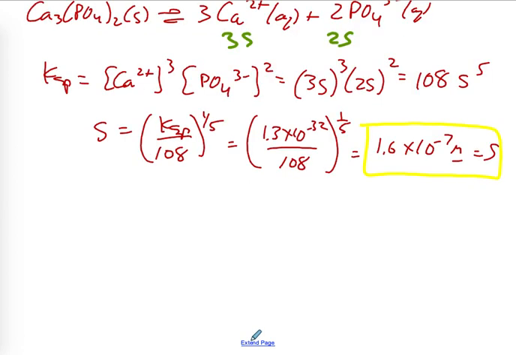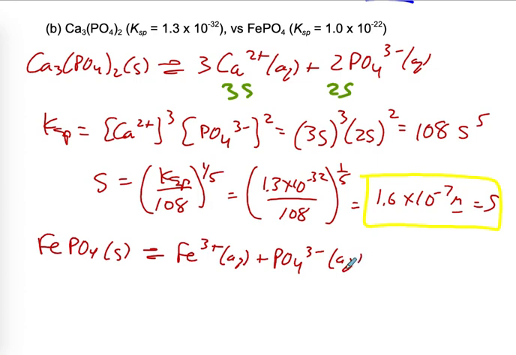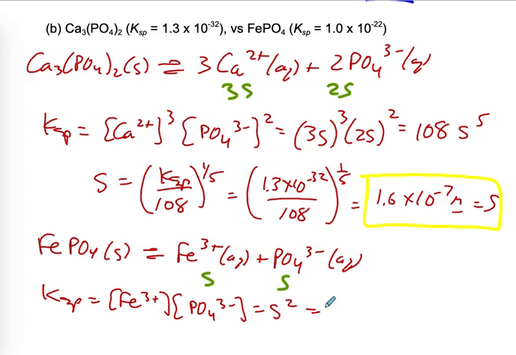Now, let's look at iron phosphate. For iron(III) phosphate, I misspoke earlier: FePO4 in equilibrium with Fe3+ aqueous plus PO4 3 minus aqueous. Here, the concentrations are just S. So KSP is the iron 3+ concentration times the phosphate concentration, or S squared, equals 1.0 times 10 to the negative 22nd.